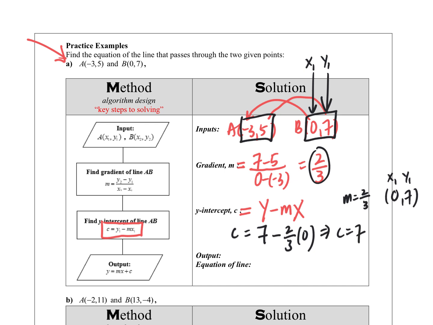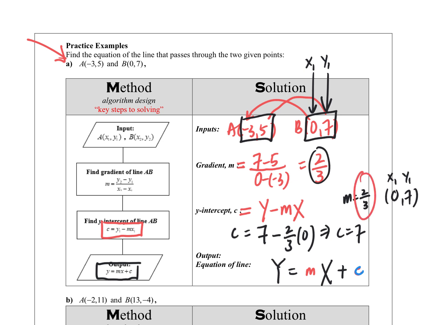So now can you find your output? Your output is this. Just now I told you, 2 things will never change. Your y and your x will never change. Only your gradient and your y-intercept will change value. So gradient changes to what? What is the gradient that you have calculated? This one, right?